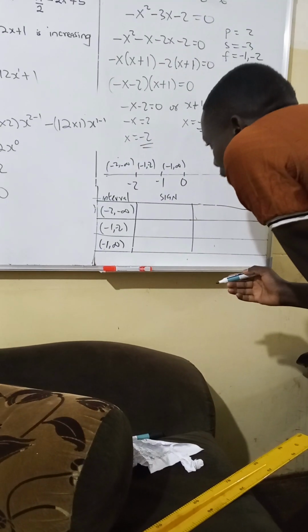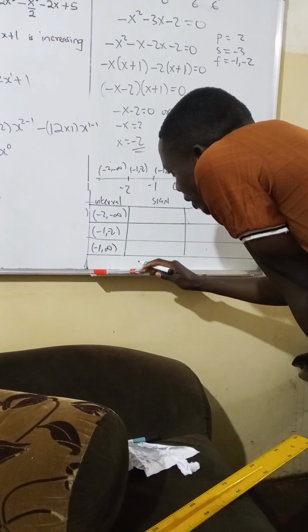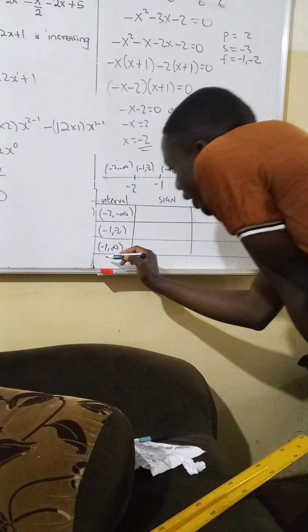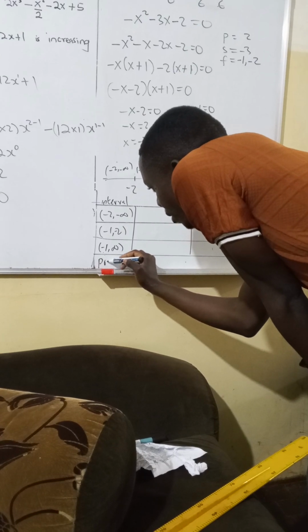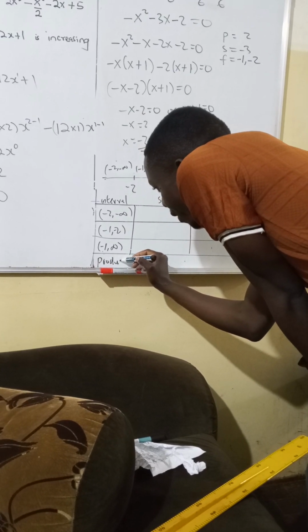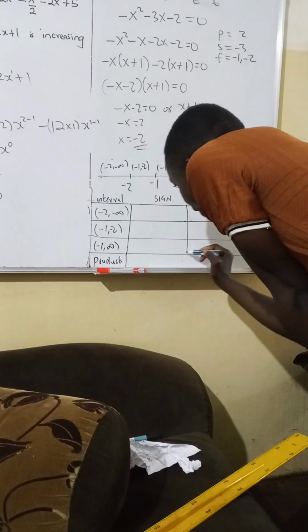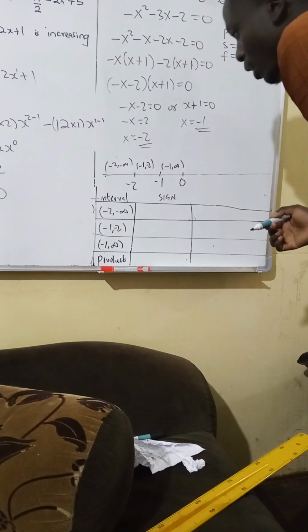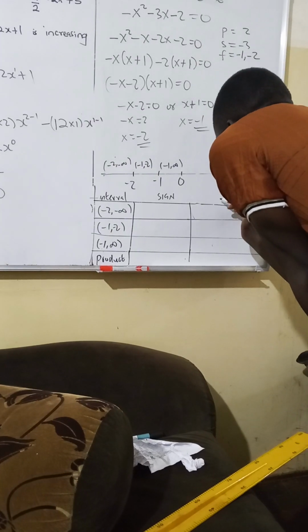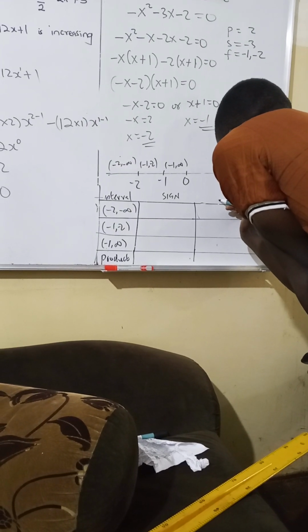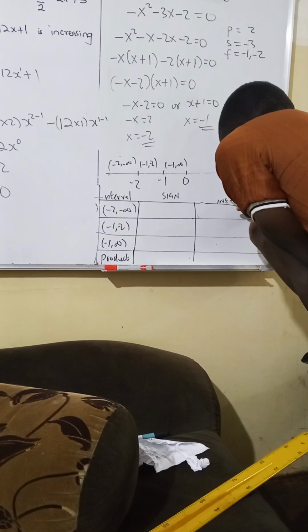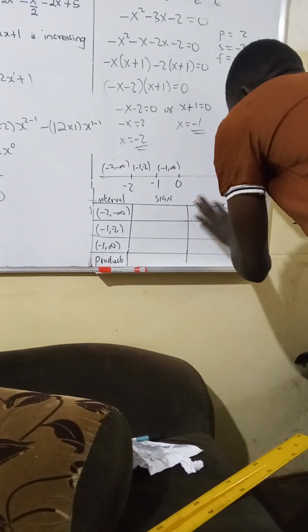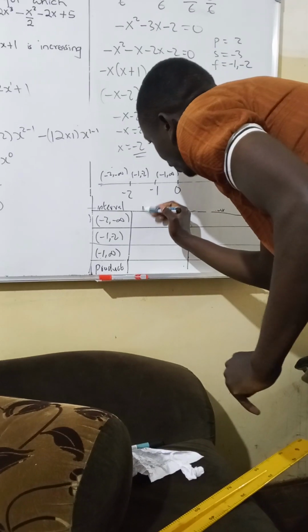Okay, so I've got 3, and here I'm going to say product of signs. Okay, so now here I've got the inequality. Let me have the inequality here.